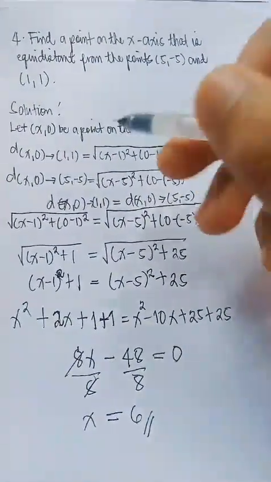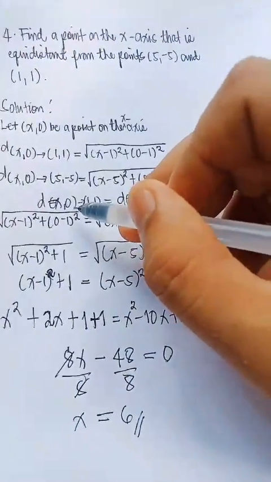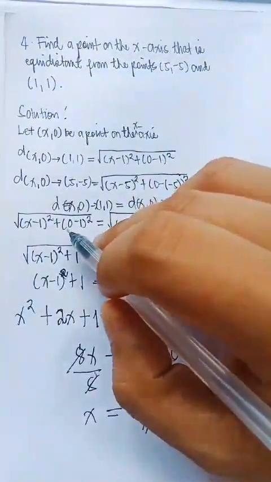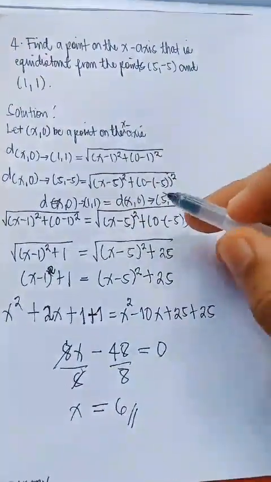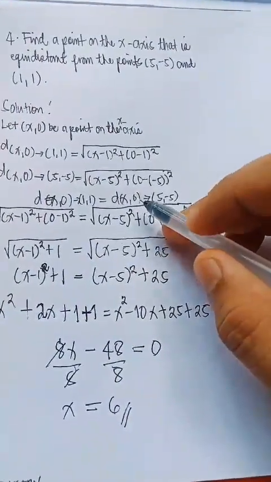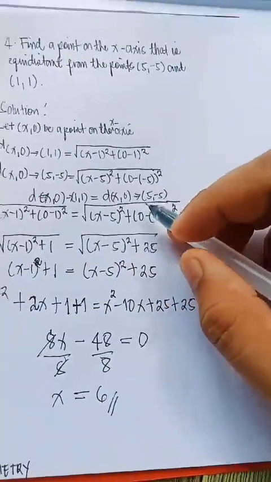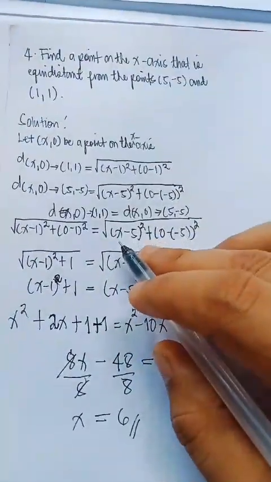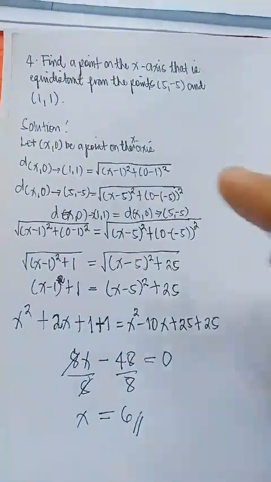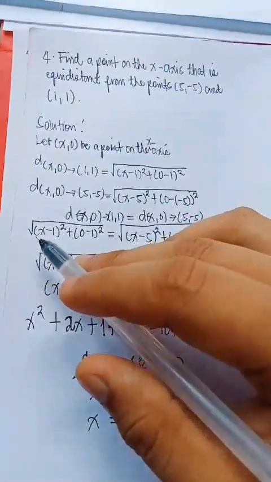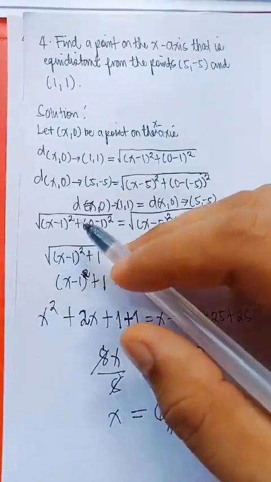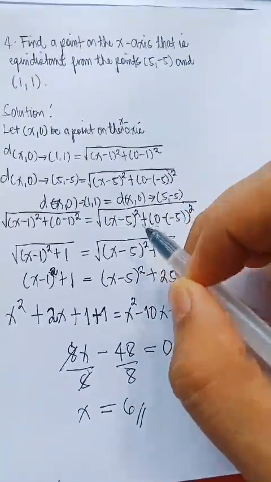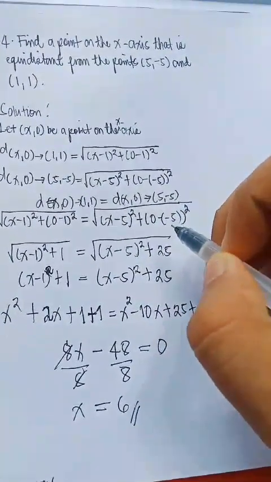So for d of (x, 0) to (1, 1), we have this. And for d of (x, 0) to (5, -5), we have this one. So these two are equal. So we have the square root of (x minus 1) raised to 2 plus (0 minus 1) raised to 2 is equal to the square root of (x minus 5) raised to 2 plus (0 minus -5) raised to 2.